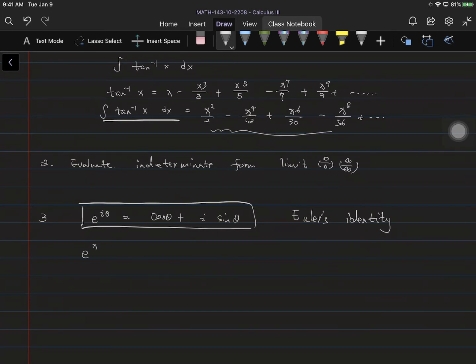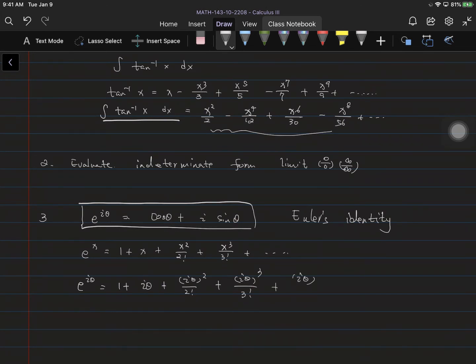Firstly, let's write down the exponential function's Taylor series. That is 1 plus x, plus x squared over 2 factorial, plus x cubed over 3 factorial. Okay, and then let's write down e to the i theta. So we just treat x as i theta, right? i theta plus i theta squared over 2 factorial, i theta cubed over 3 factorial, and the next term is the 4th.